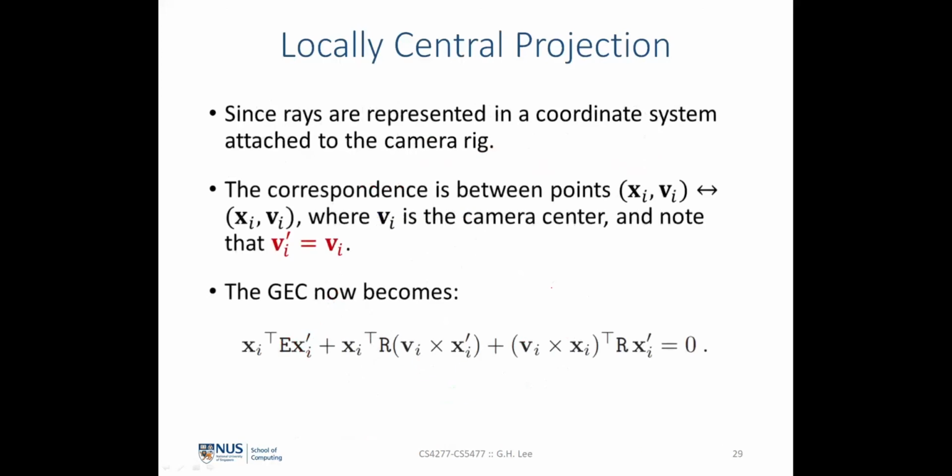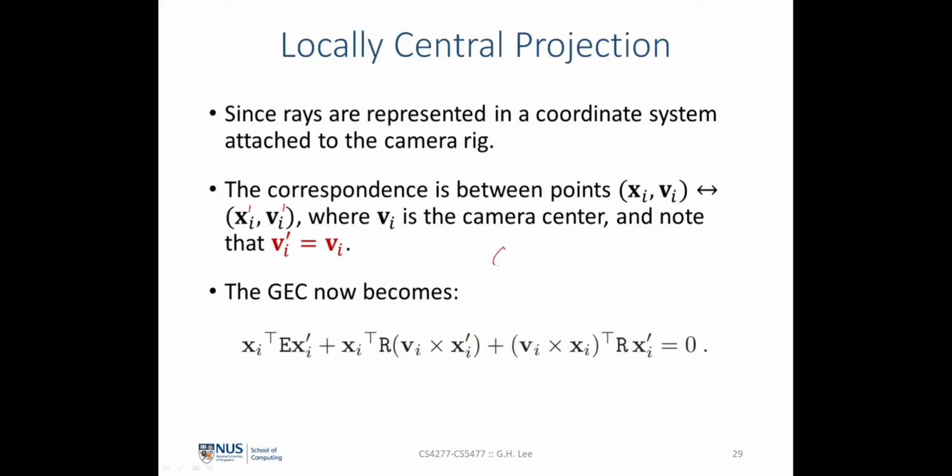So in this particular case over here, since the light rays are represented in the coordinate system attached to the camera rig, we can write the correspondence between the points as xi, vi. Its corresponding point would be xi prime and vi prime, where vi and vi prime are the camera centers of the respective two views.